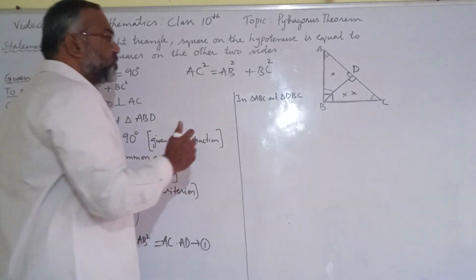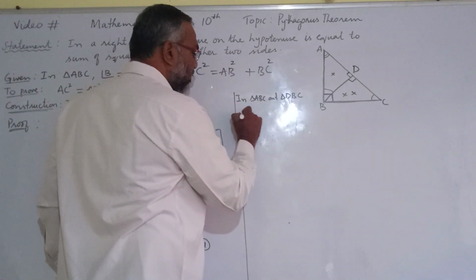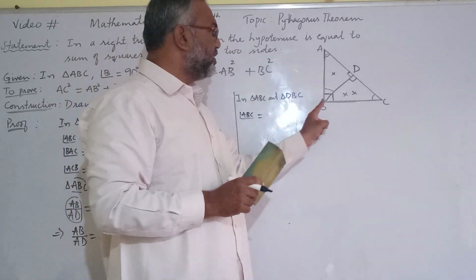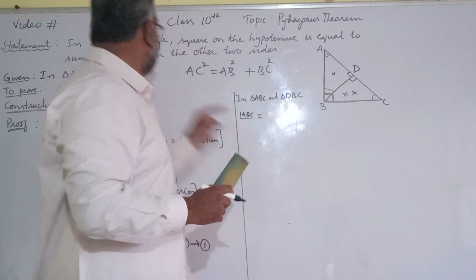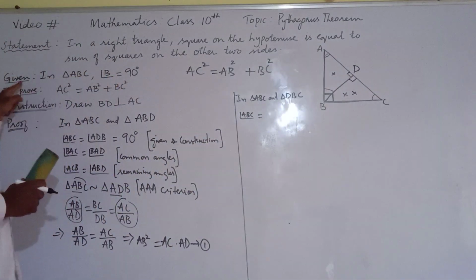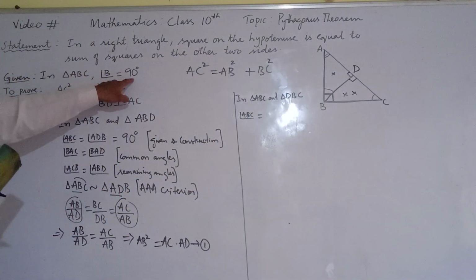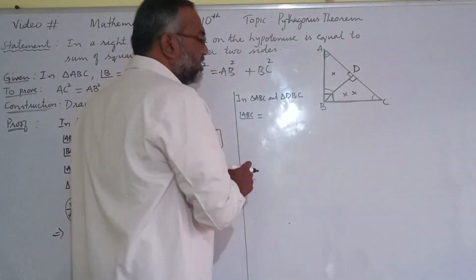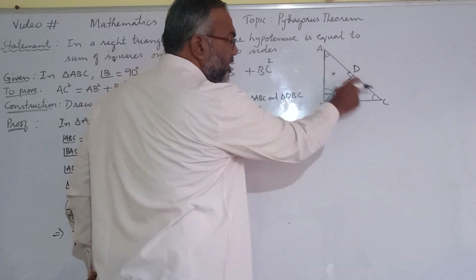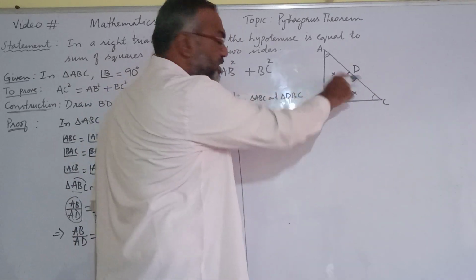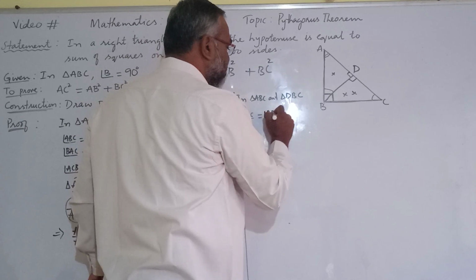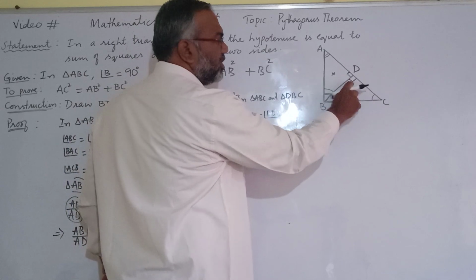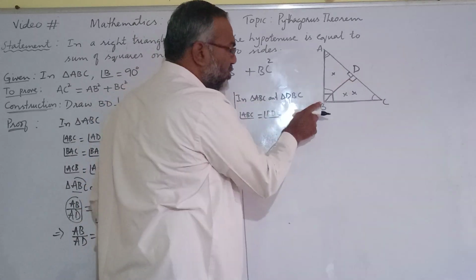Okay, now compare. In triangle ABC, we know that angle ABC is 90 degrees. It's already given in the data: angle B is equal to 90 degrees in this big triangle. And in this small triangle BDC, angle BDC, D is 90 degrees because of this perpendicular.